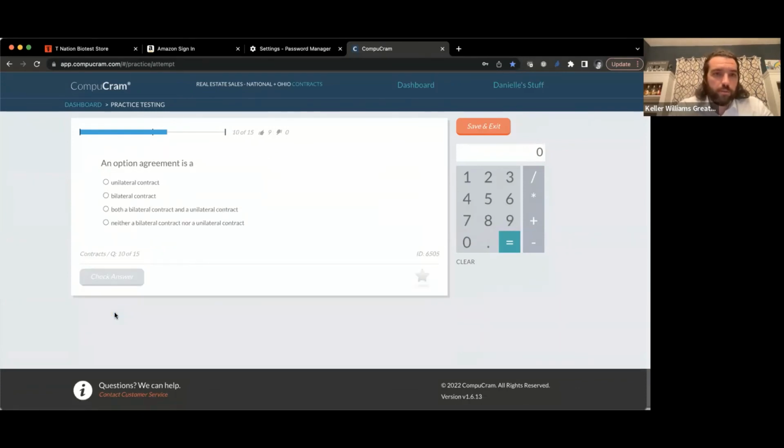Question number 10: an option agreement is A, a unilateral contract, B, a bilateral contract, C, both a bilateral and unilateral contract, or D, neither a bilateral or unilateral contract.